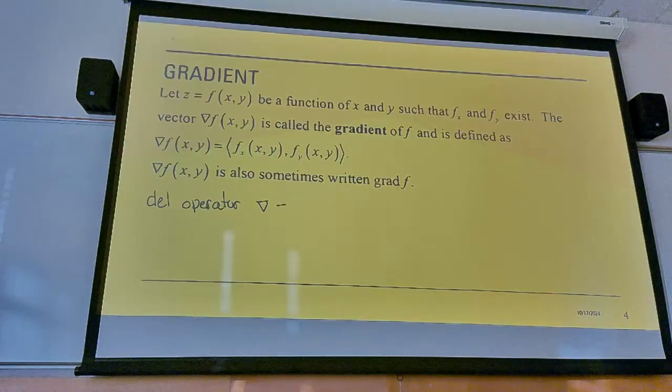Yet that is not the del symbol, right? It's called a nabla. And here's typically how we would see it. So I'm going to write it out for two dimensions.